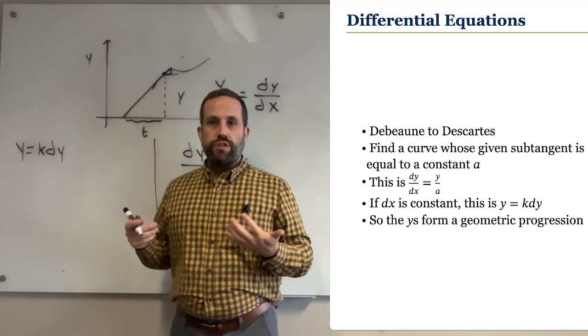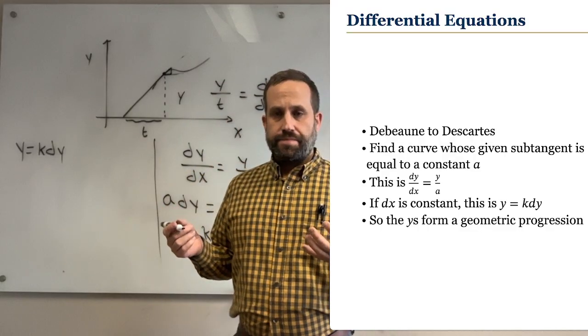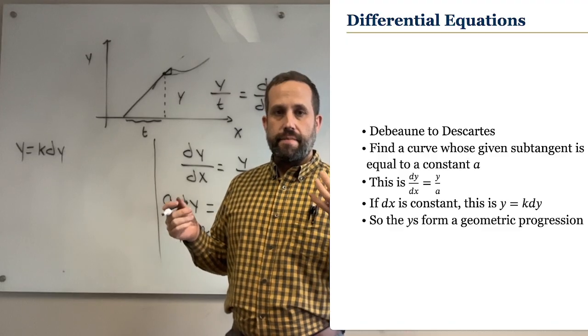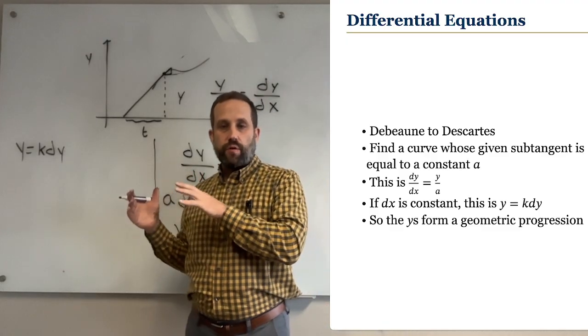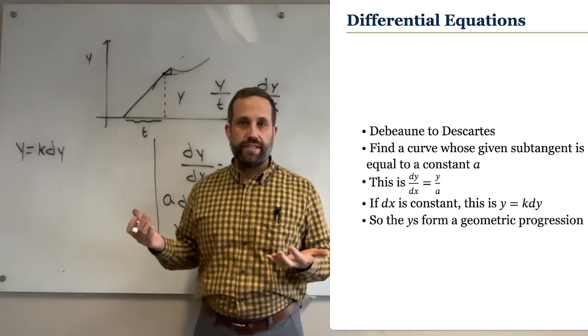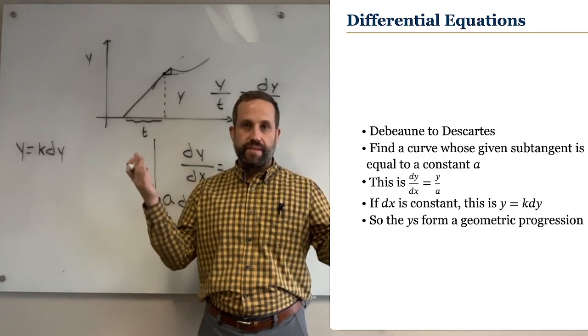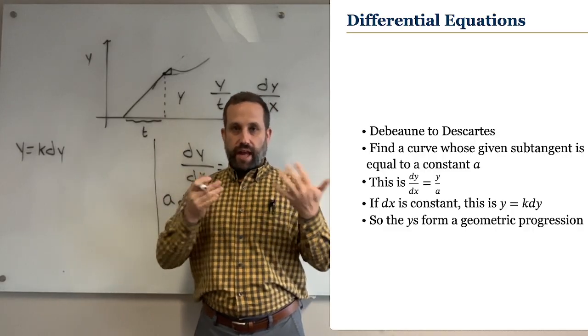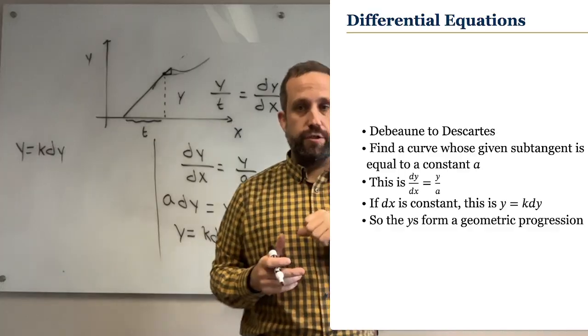So in other words, there is a logarithmic relationship between x and y, or what we would call today an exponential relationship, but obviously those are the same things, just depending on what your perspective is.